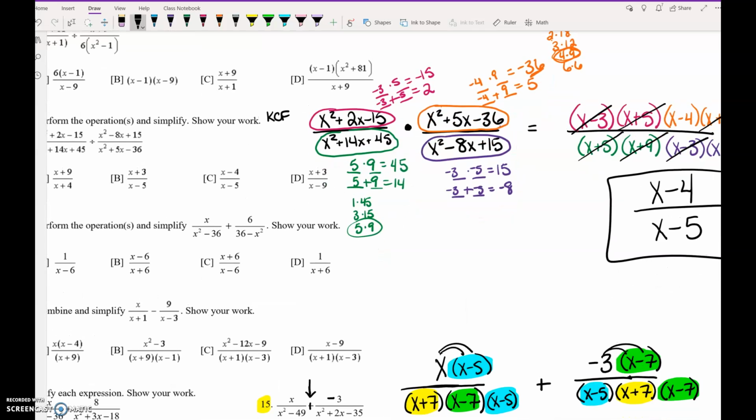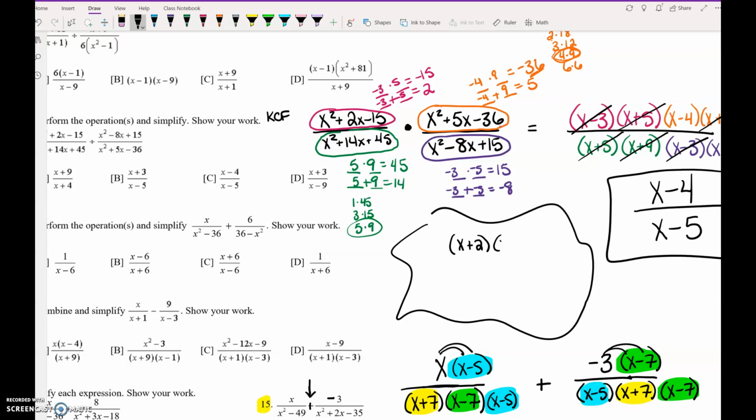So I guess what I'm saying is, what if you ended up with something like x plus 2, x plus 3, and 7x squared over x plus 3, x minus 3, 21x. Maybe something like that. The x plus 3's would cancel. The x on the bottom would cancel out one of the x's on the top.